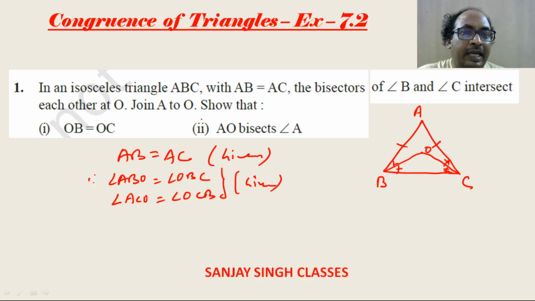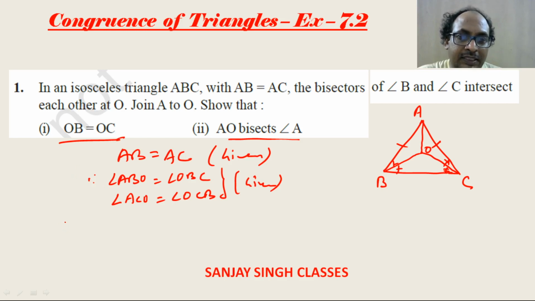And now join A to O, right? If we join this A to O, we need to prove that OB is equal to OC and AO bisects angle A. It means if we prove that triangle ABO and triangle ACO are congruent, we will be able to prove all these things that we need to prove.